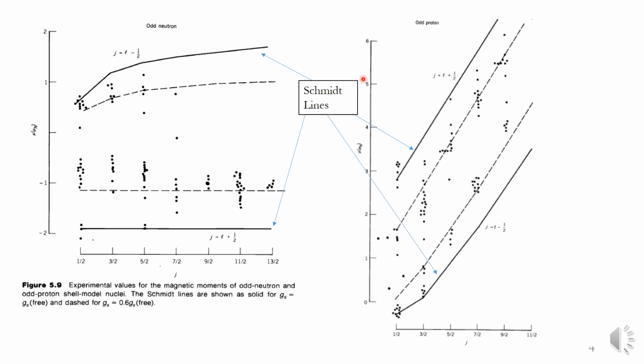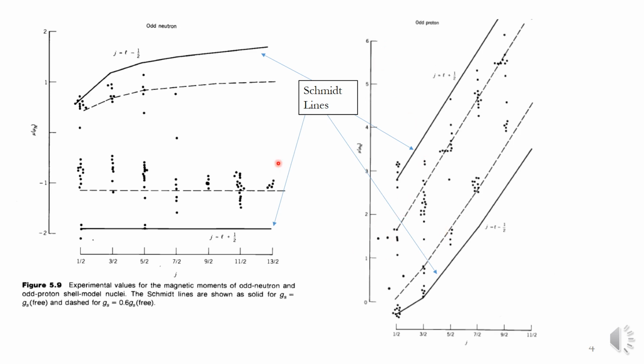But the dashed lines are for when the gs is modified to 0.6 times the original free particle gs. These lines are the predicted values using the above discussed equations. So these predicted lines of the nuclear magneton, these magnetic moments, are called Schmidt lines. Okay, so these are the Schmidt lines.